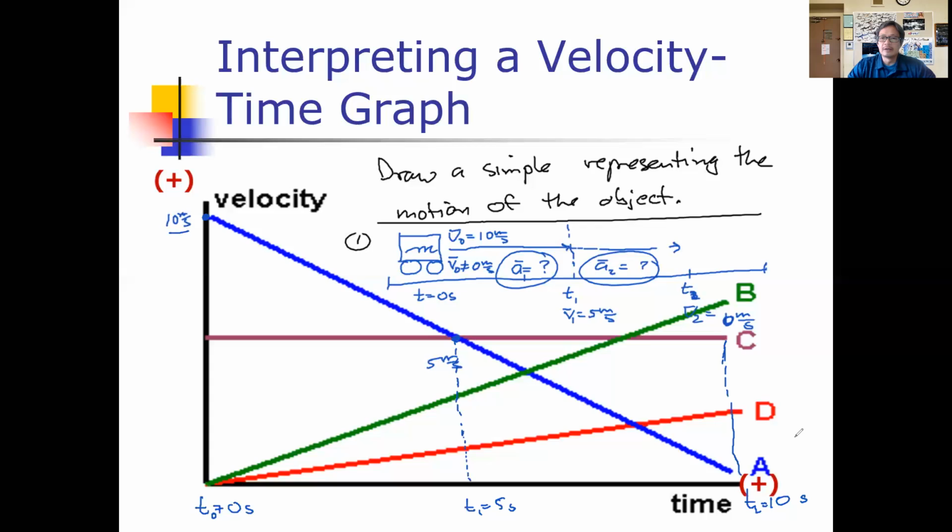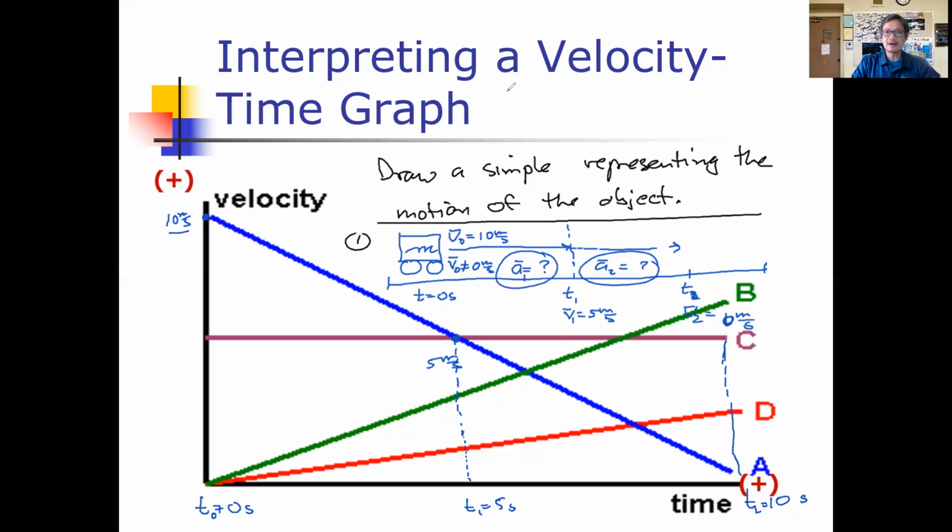All right, so with that said, my question to you was, hopefully, first of all, you recognize that that's what we have here. I asked you to find the accelerations given this information. Even though the graph has a negative slope, the object is actually moving in a straight line.